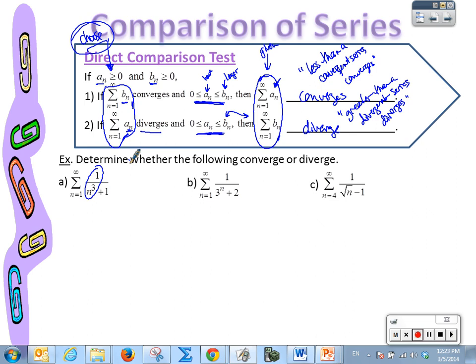Typically, which is actually kind of nice, typically these other terms can usually be discounted. And this series, 1 over n cubed, will behave similarly to the series that we have here, the plus 1. What we're basically doing is narrowing it down to a small series that we know how to work with.